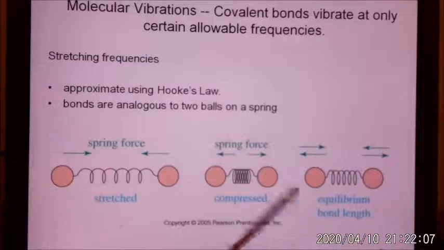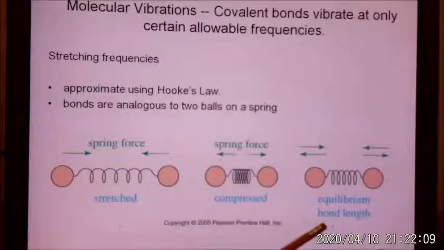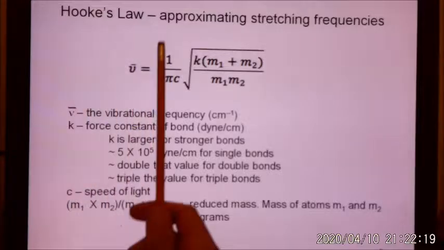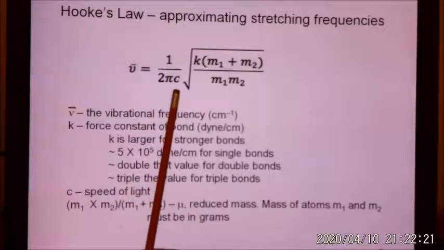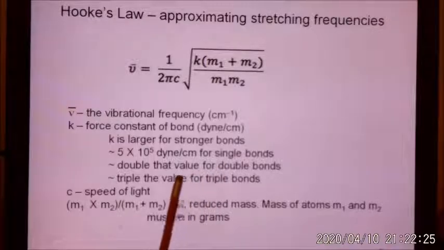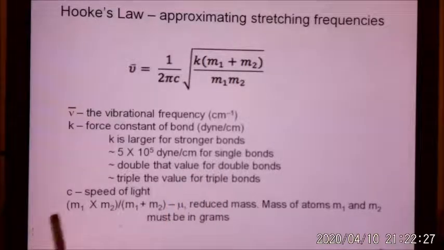Because of this, we can approximate using Hooke's law for springs. So what is Hooke's law? The way it's written, the wave number is equal to 1 over 2 pi c, where c is the speed of light in centimeters per second, times the square root of k over mu.